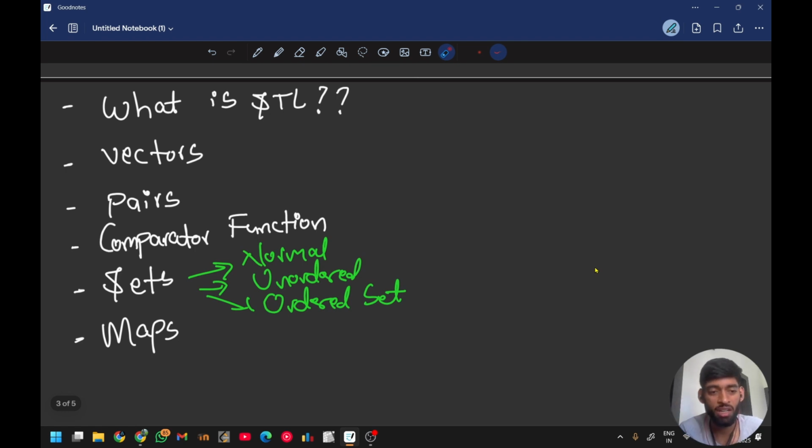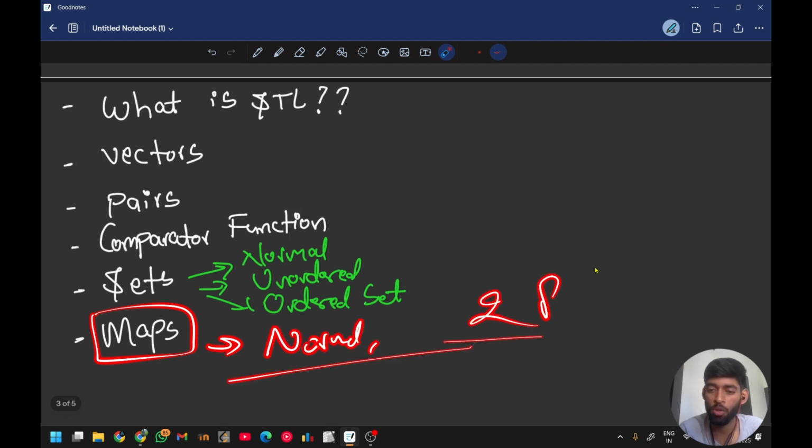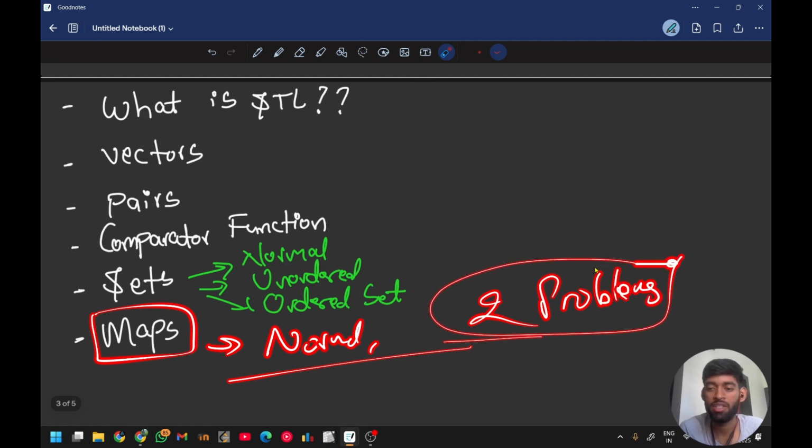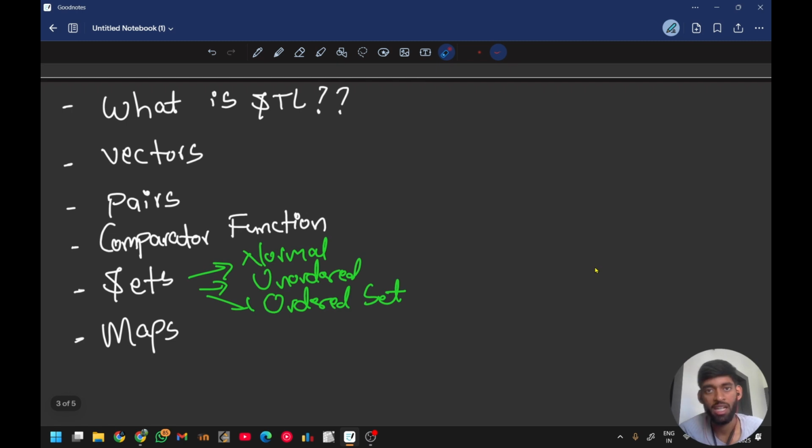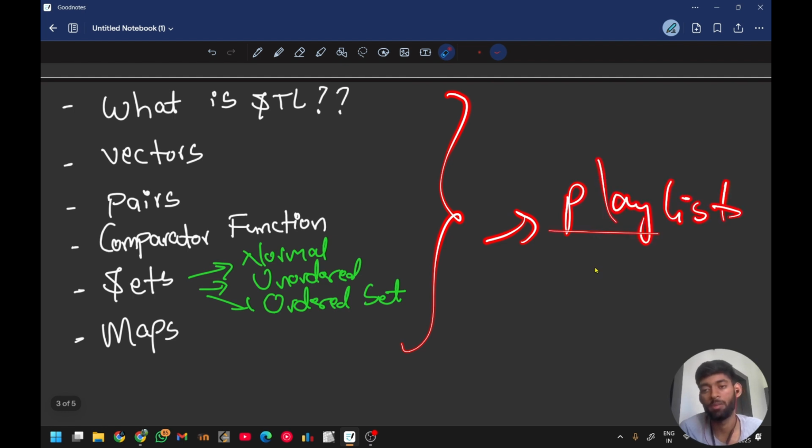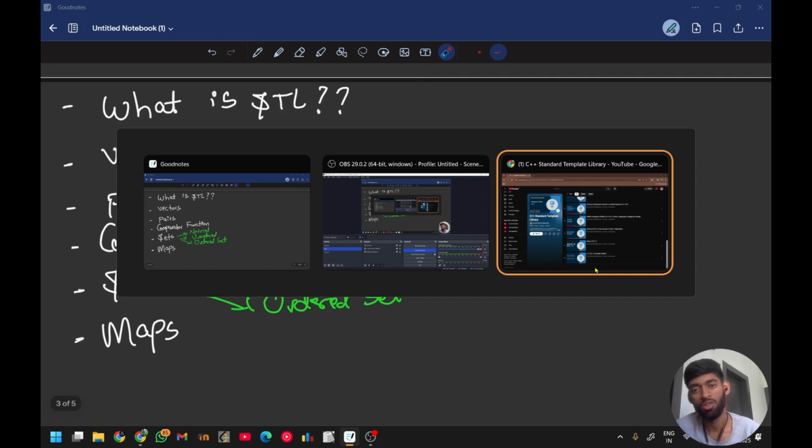And at last we covered maps, including normal map, multimap and all that. We also solved two problems regarding map, because map requires some decent practice to understand how the key and value pairs are stored and how to access the corresponding elements using iterators. All these are the things we have covered in our C++ STL playlist.